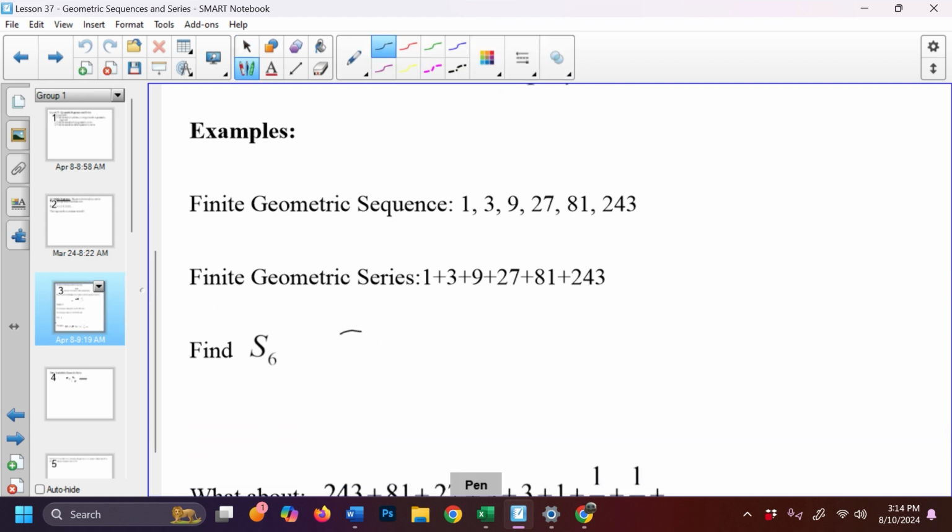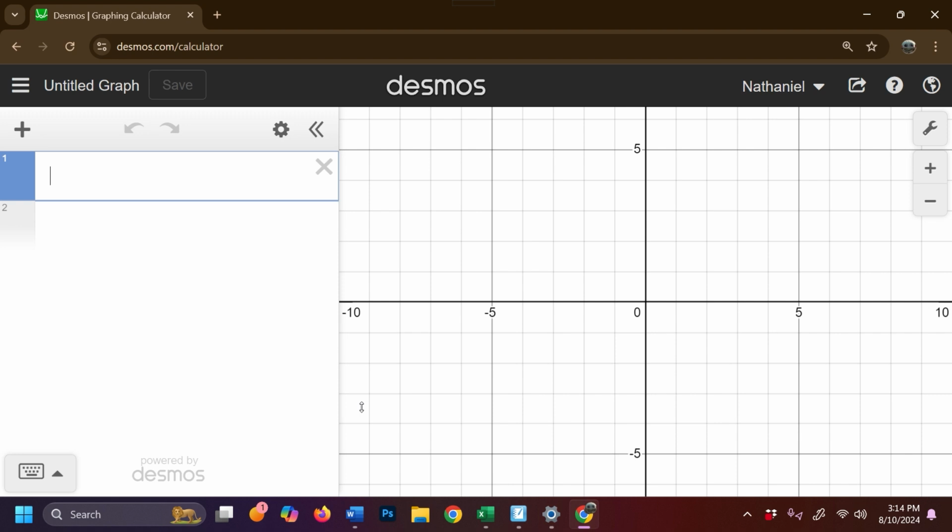So S sub 6 will be the first term, which is 1, times 1 minus r, which in this case is 3, to the number of terms we're adding up, which would be 6, all over 1 minus r, which is 3. That is a calculation that I don't want to do by hand, so we'll go over to Desmos. Since there's an operation in the numerator, we'll put a parenthesis around that.